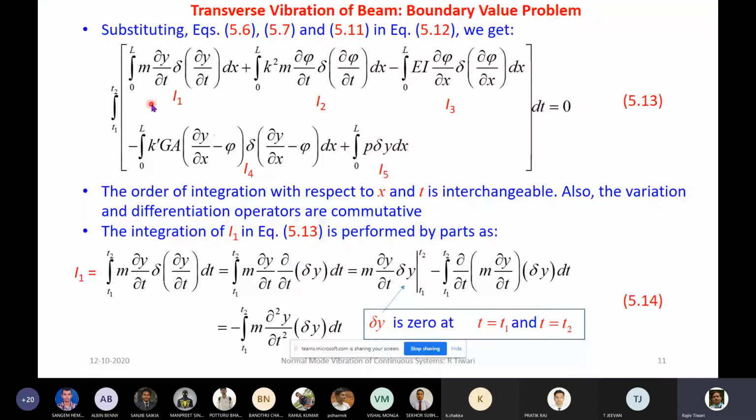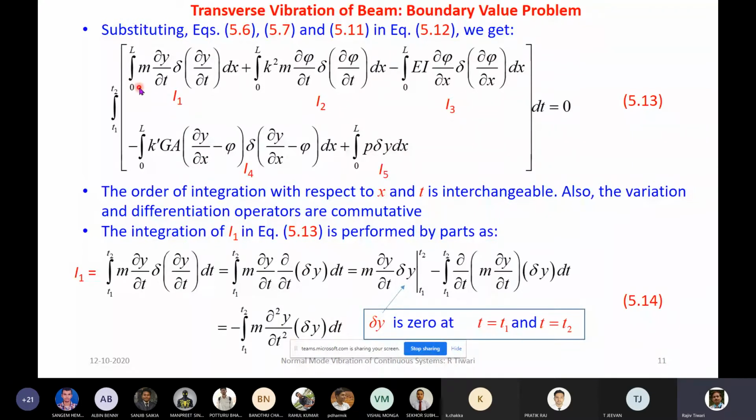So this was the Hamilton principle, in which we substituted the potential energy and the kinetic energy. This is the kinetic energy term, I1 and I2. I3 and I4 are related to the strain energy or the potential energy, and this is the external work done due to the external force. I'll take up one of the integrals, I1.